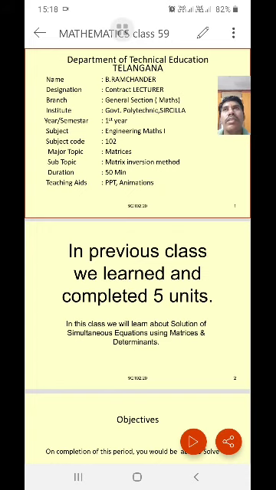B means RHS, x equals A inverse into B. The right side constant terms, if we frame them in a column matrix, that is B.